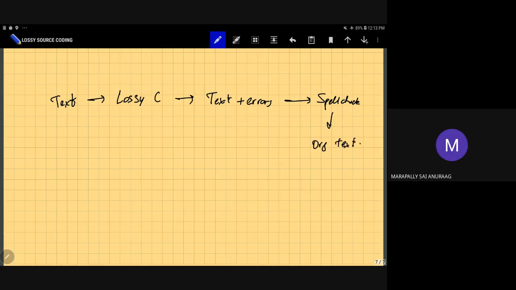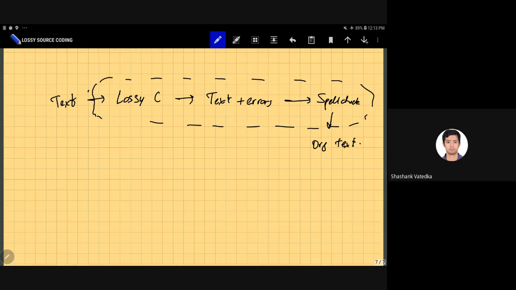Is that right? Yes, sir. But if you look at this whole thing as a single block, your ultimate goal is still to get the original text exactly, correct?